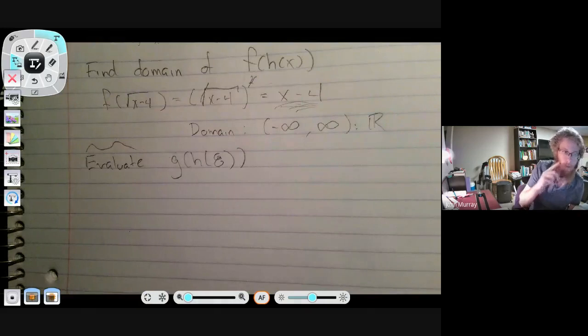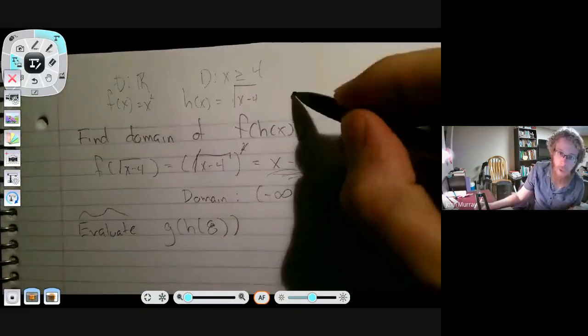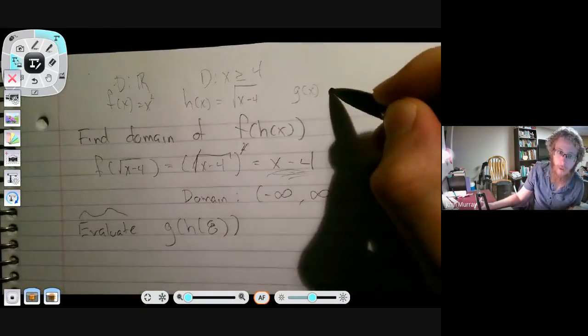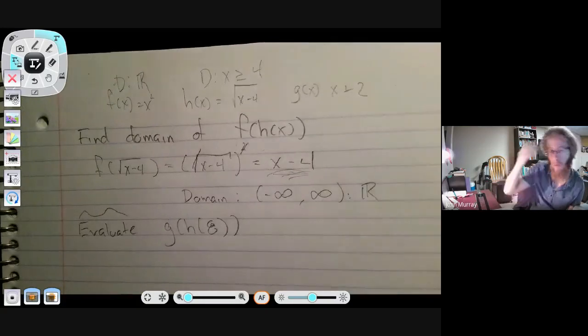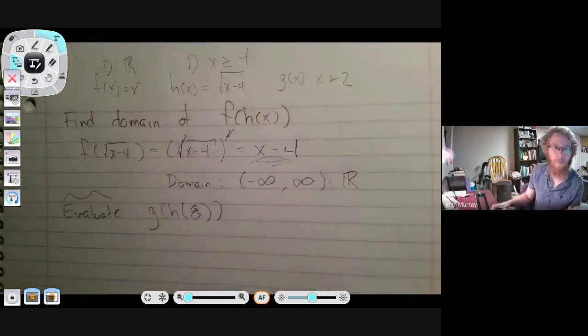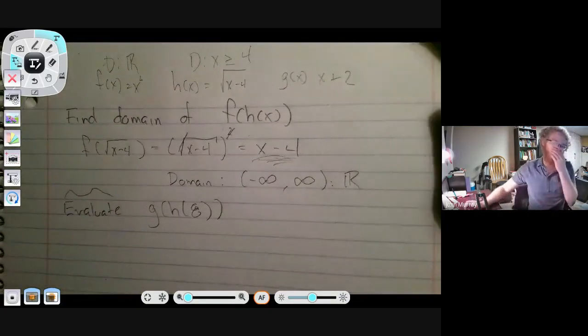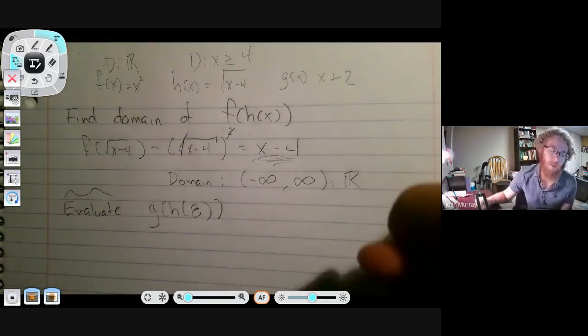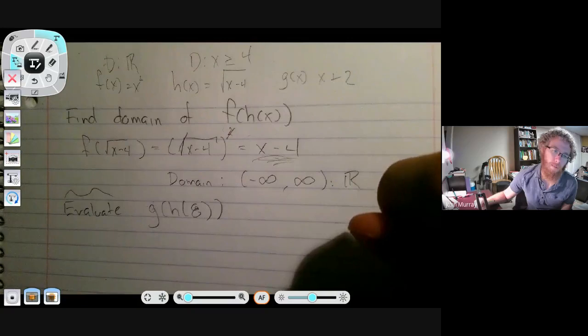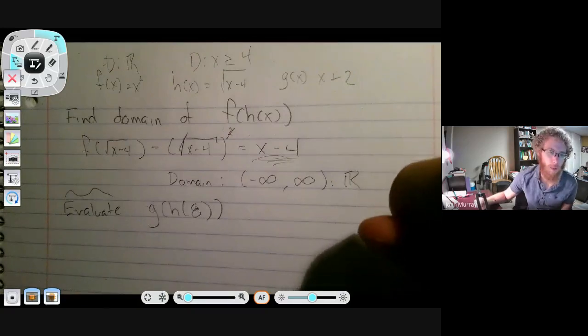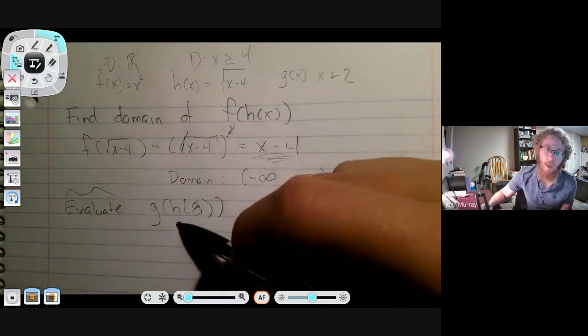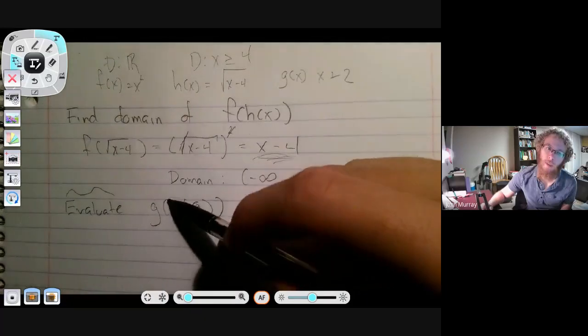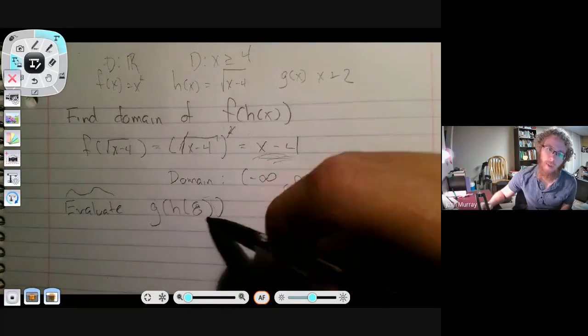Do g of h of 8. Let me rewrite g up here. G of x was x plus 2. Okay. So again, I'm going to do this both ways to show you. Actually, no, there's only one way to do this, essentially. All right. So first, we work inside our parentheses.